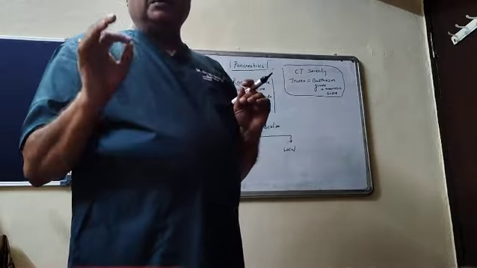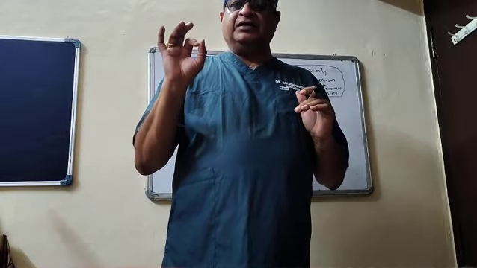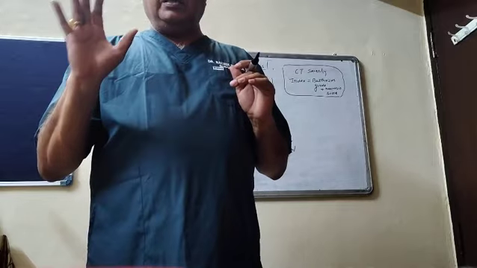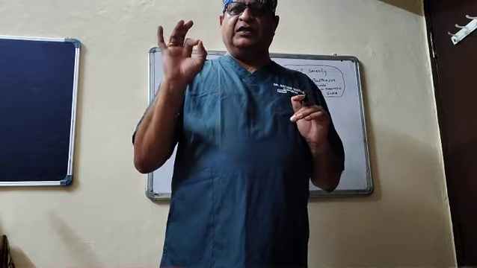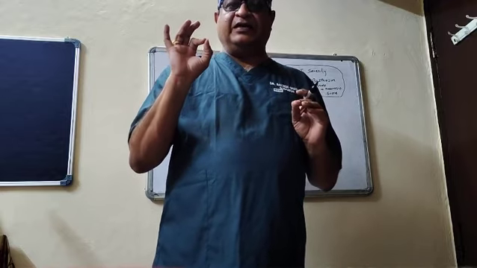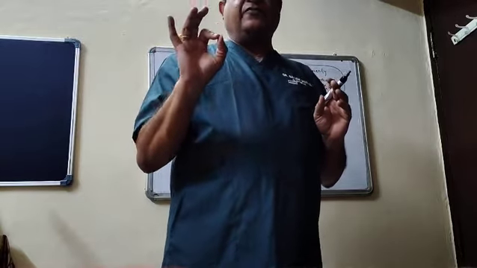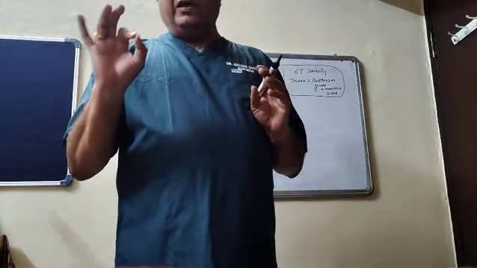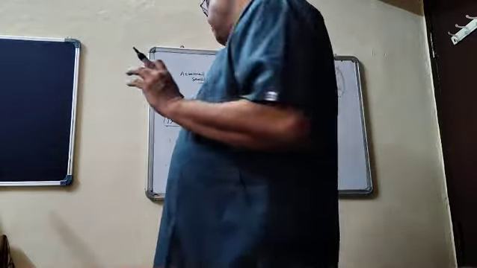In the CNS, confusion and irritability, and sometimes the patient is unconscious in severe pancreatitis. So we have to treat patients of severe pancreatitis in the intensive care unit only, with monitoring of all vitals by critical care experts.